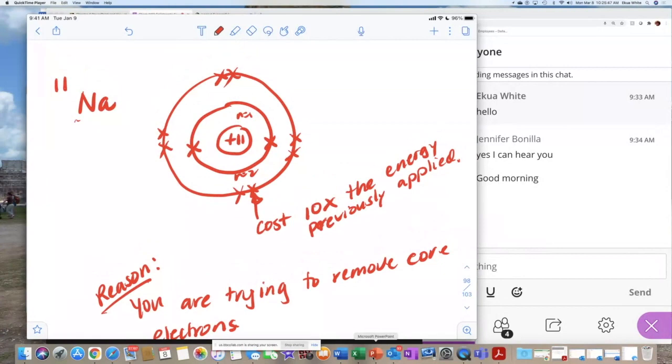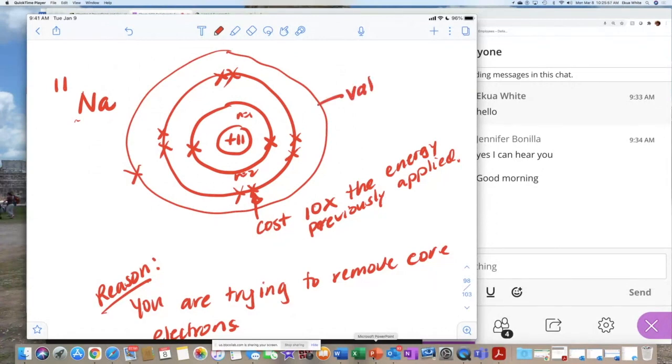Because the picture I had before showed you the valence energy level, which was here like this with the 1 electron. Remember, as far as the energy levels are concerned, the last one is the only one called valence. Everything inside, like this one here and this one here, is core. So only the outer one is called a valence electron. All the inner ones are called core electrons, kind of like the skin of the apple, and then the core is the inside.